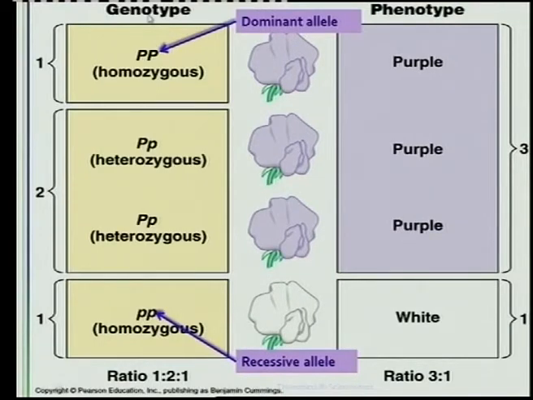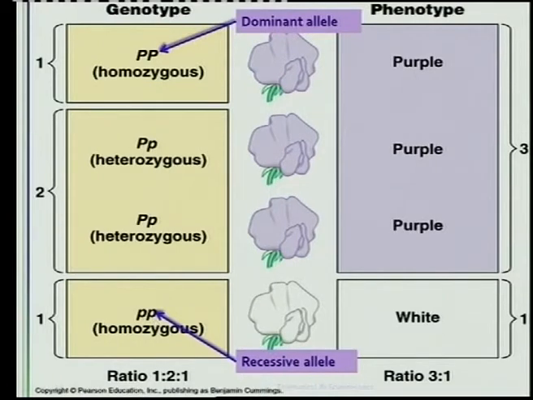The genotype is a presentation of the genes that an organism has inherited from both parents, represented by letters. Here you see homozygous means two of the same. In this instance, it's two capital P's, and at the bottom also homozygous, which is two small p's.